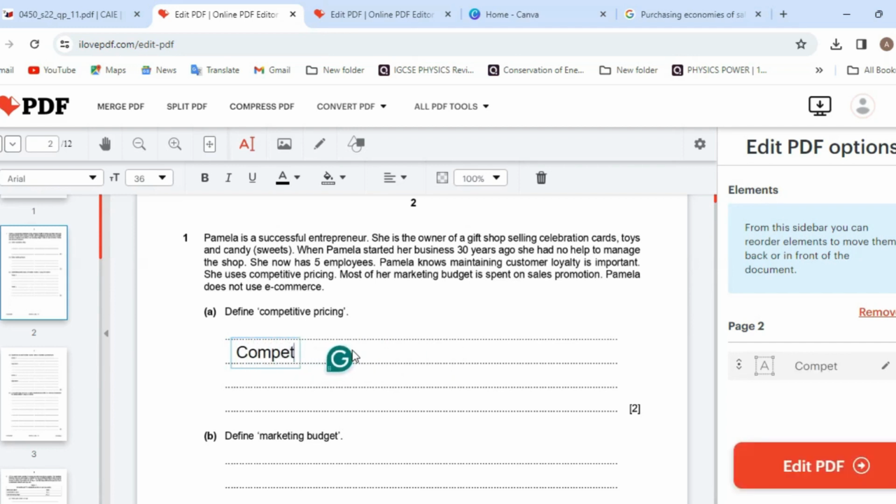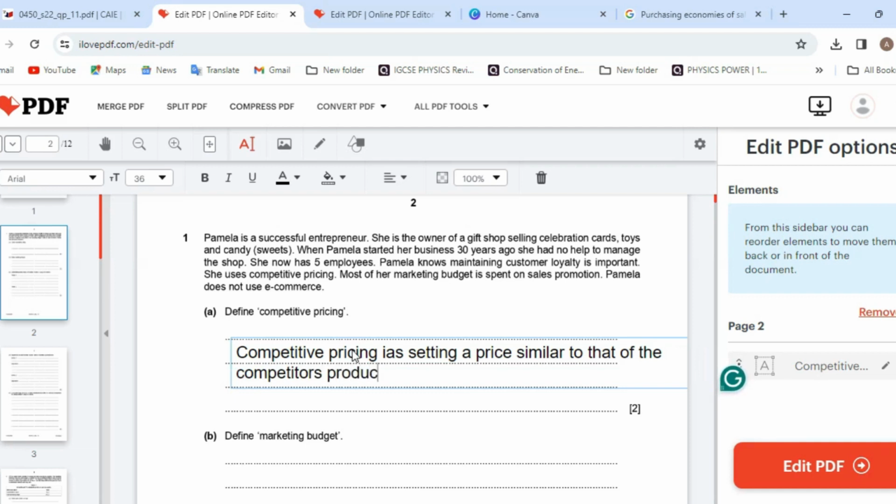Competitive pricing is setting a price similar to that of competitors' products that are already established in the market.